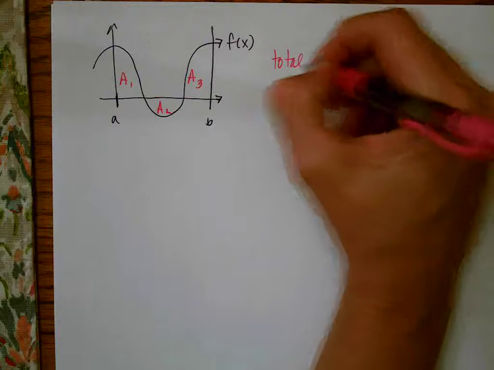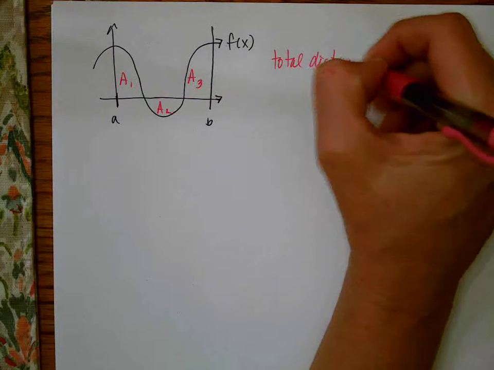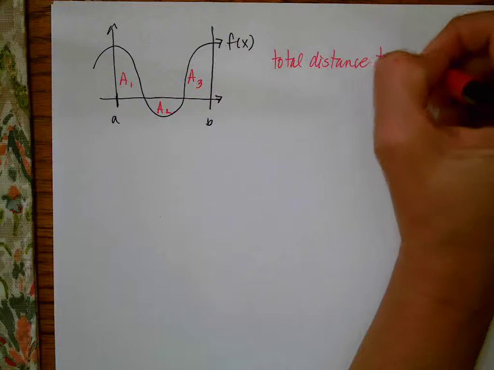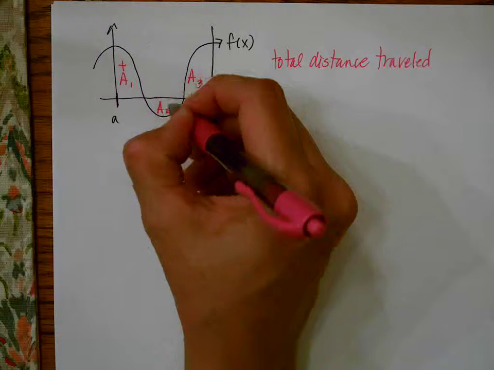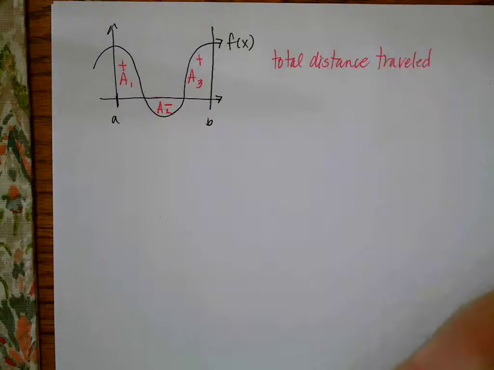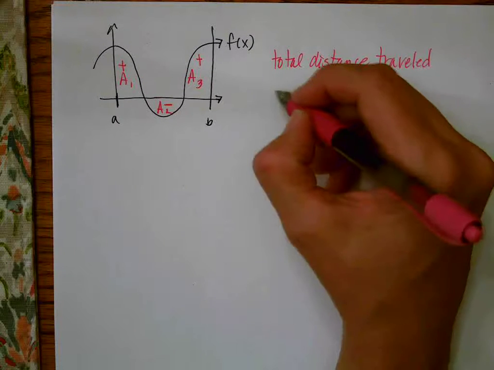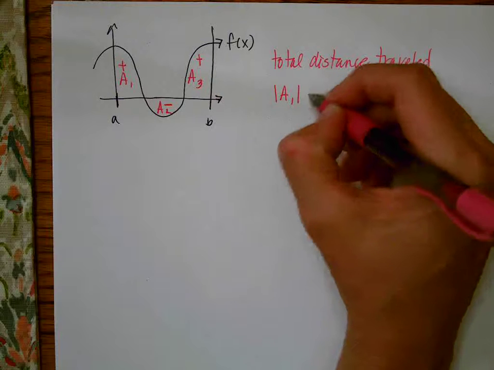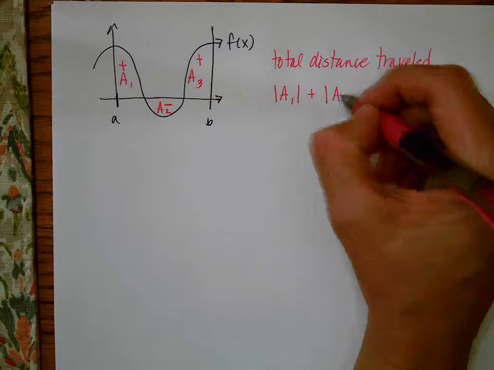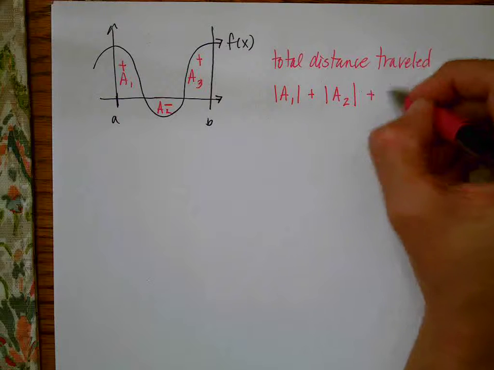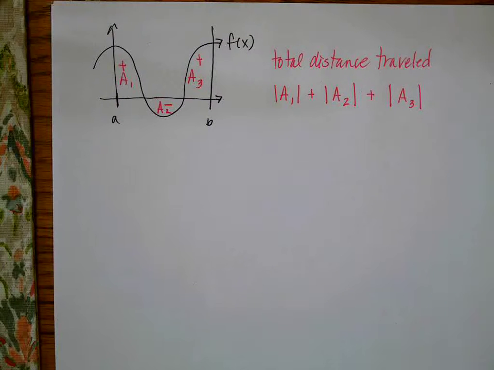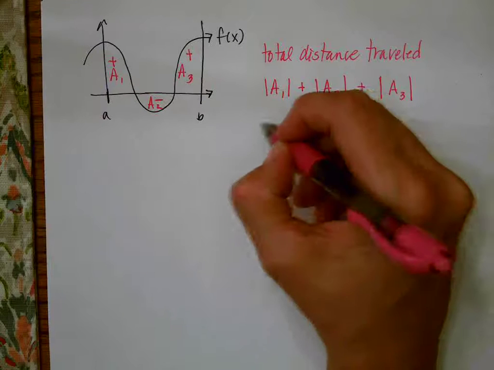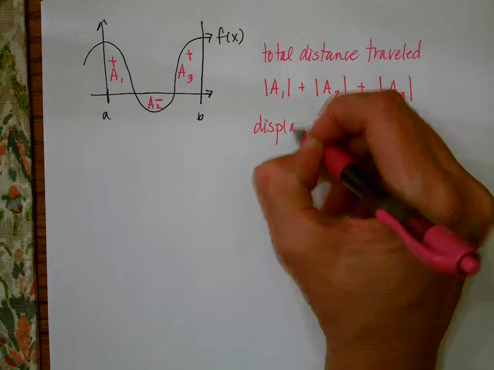So if I wanted to talk about my total distance traveled, okay, this is a positive area, this is a negative area, and this is a positive area. So my total distance traveled would be the absolute value of area 1 plus the absolute value of area 2 plus the absolute value of area 3. All right, that would be my total distance traveled.